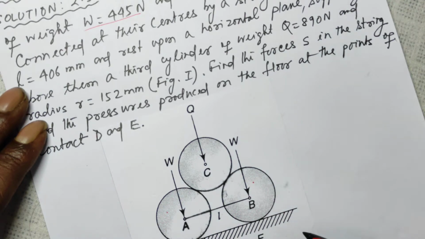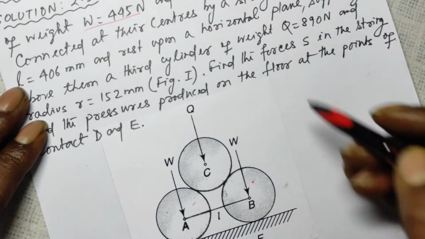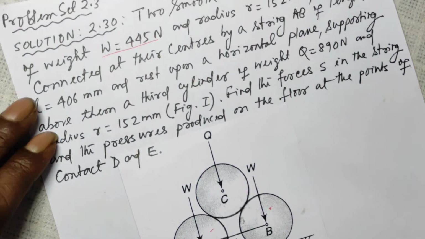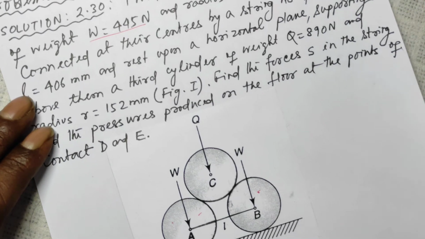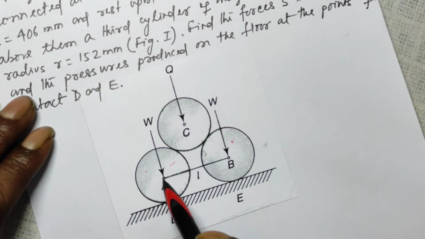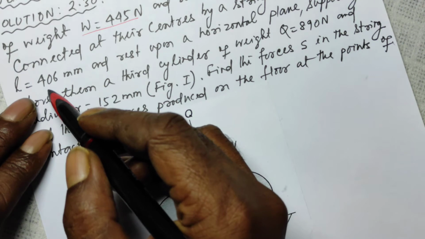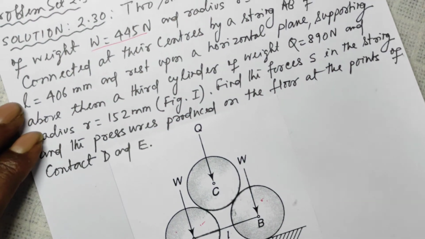Weight is vertically downward. And the radius of each is 152 millimeter. They are connected at their centers, from A to B, by a string AB of length L, given as 406 millimeter.